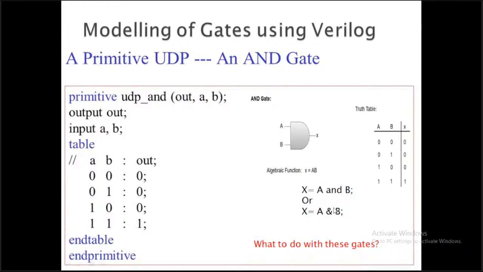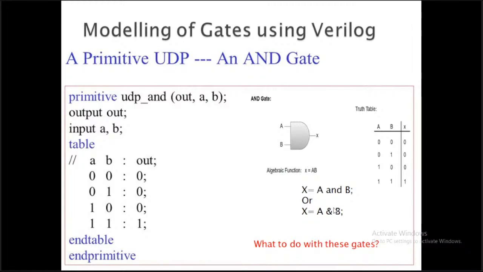Based on the modeling we are using, there are basically four types of modeling: behavioral, structural, data flow, and switch level modeling. First, behavioral modeling: we write the behavior of any circuit, how it is going to look, based on the specification.